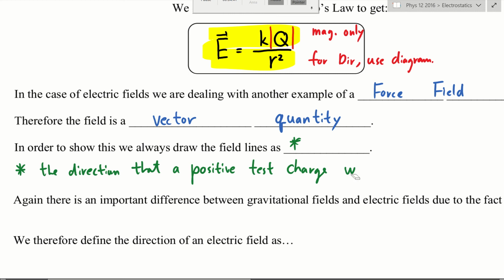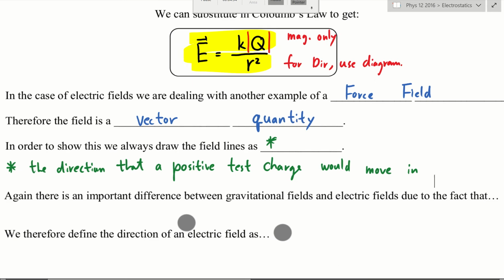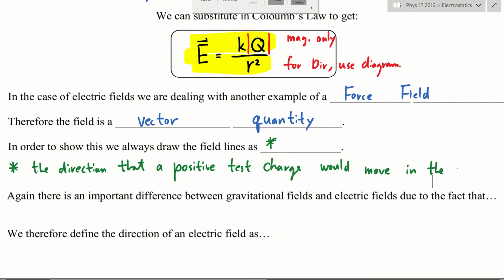So the direction of the electric field is the direction that a positive test charge would move. I'll explain what that means by drawing a diagram.